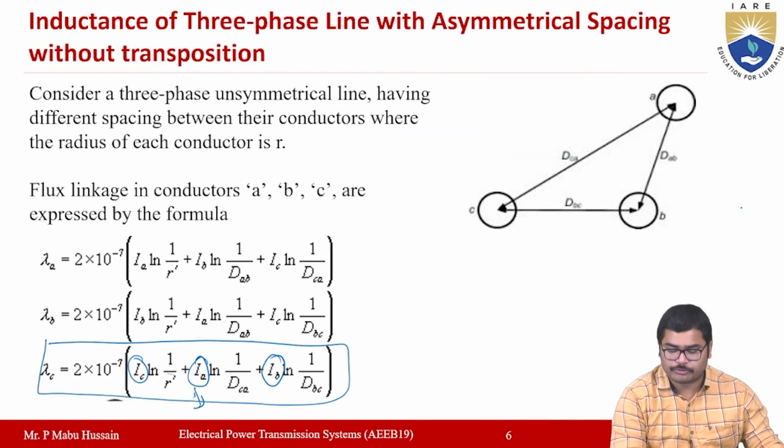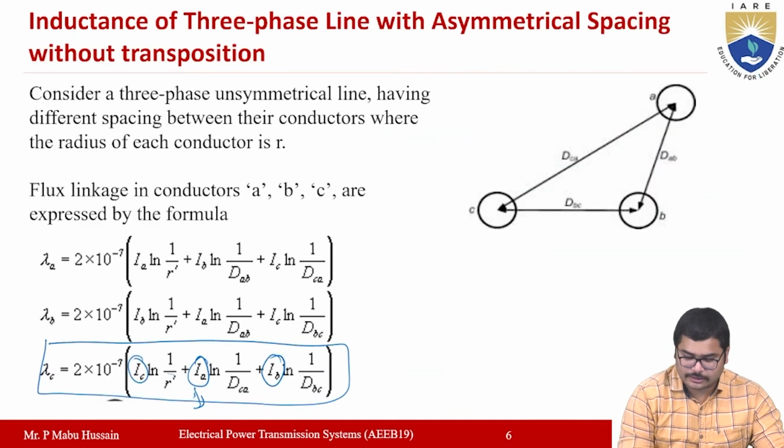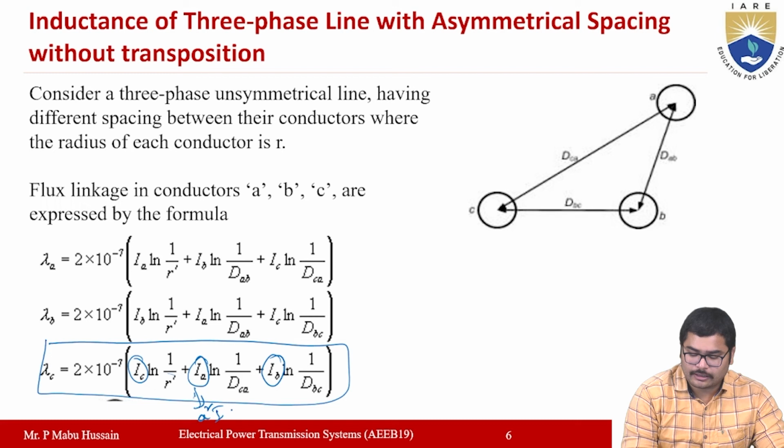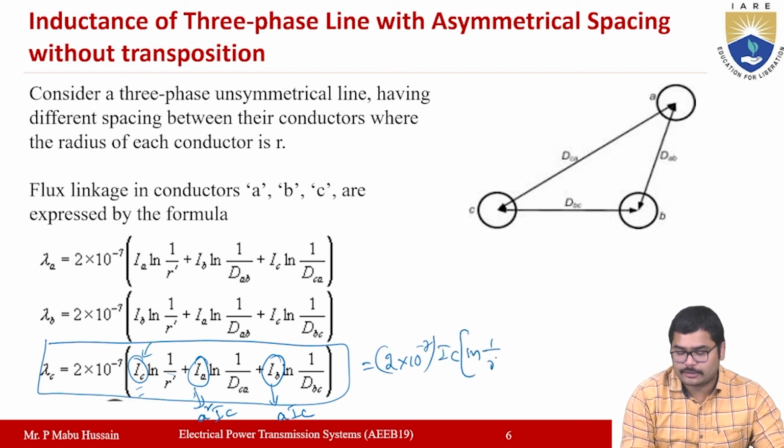So those two terms you have to substitute here. The value of IA is A square into IC, and the value of IB is A into IC. Now if you observe, in all three terms you have IC as common. So if you take it outside, this equation can be written as 2 into 10 power minus 7 IC into ln 1 by r dash plus a square into ln 1 by dca plus a into ln 1 by dbc.